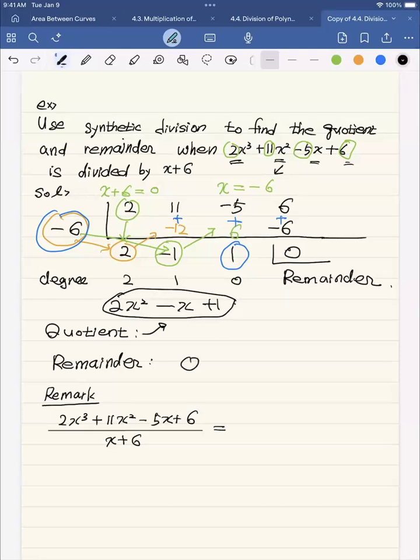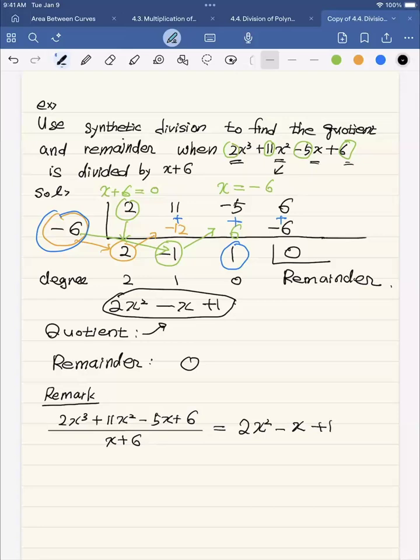And the remainder is 0. Usually in this case, we write it as 2x squared minus x plus 1 because there is no remainder.